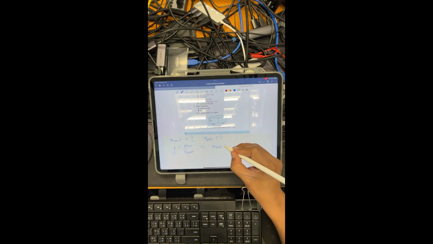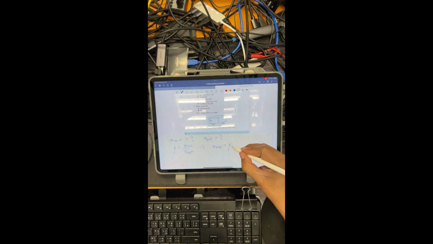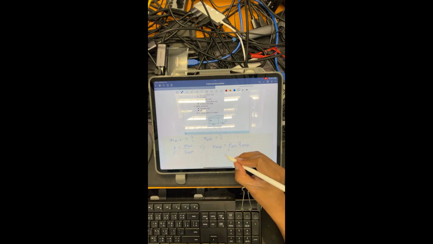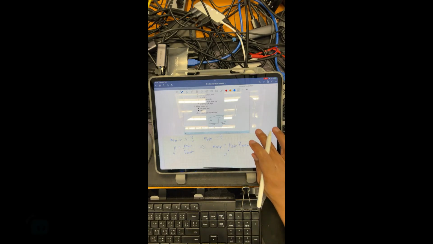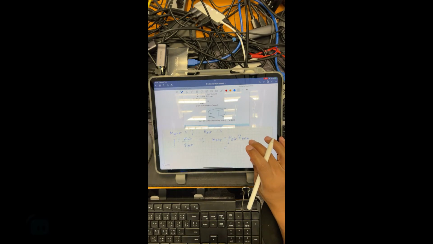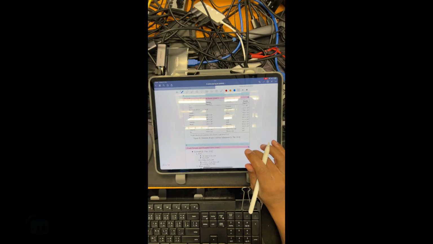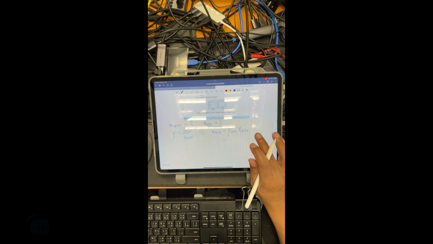Mass of the air will be rho of air times V room, the volume of that room. And the rho of the air is the density, right? Density of the air is, as we know before, 1.2 kilogram per cubic meter only. It's not much.